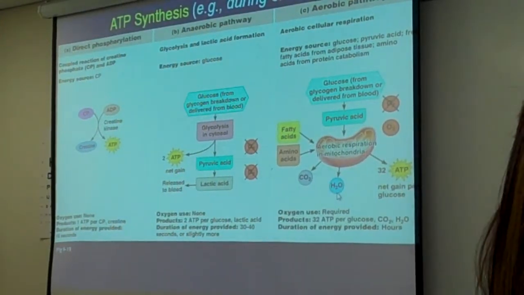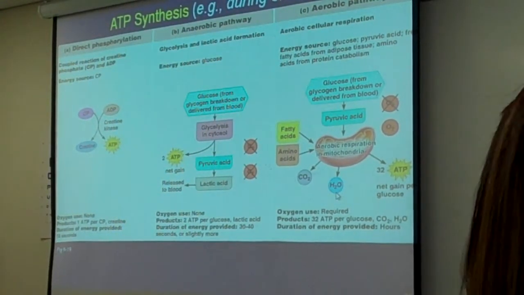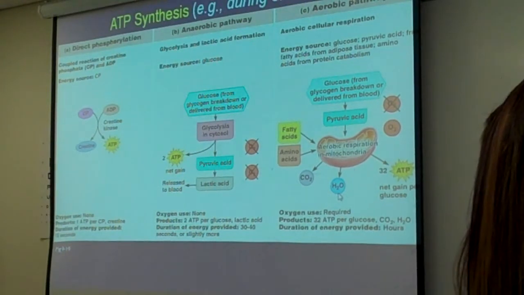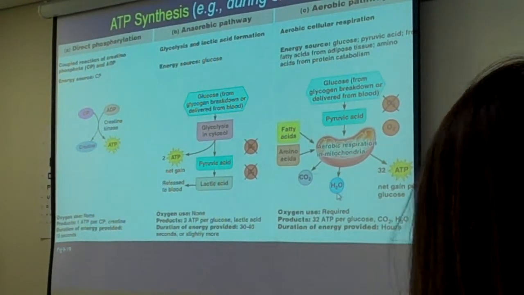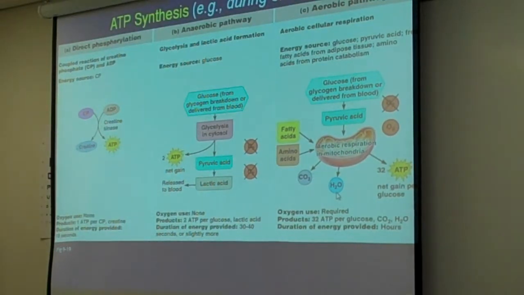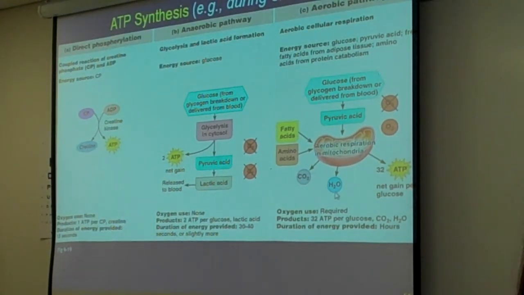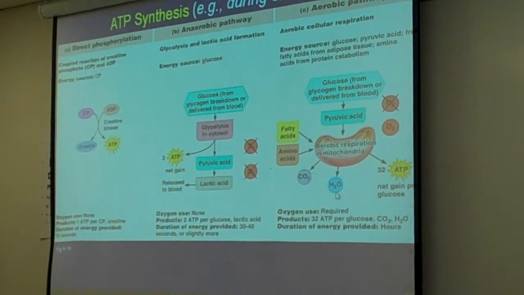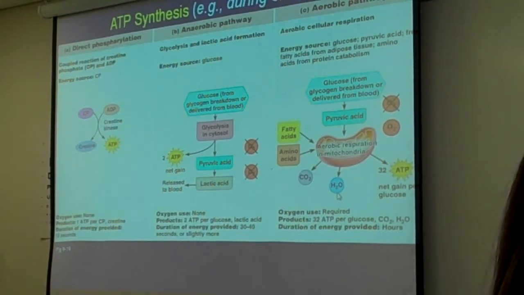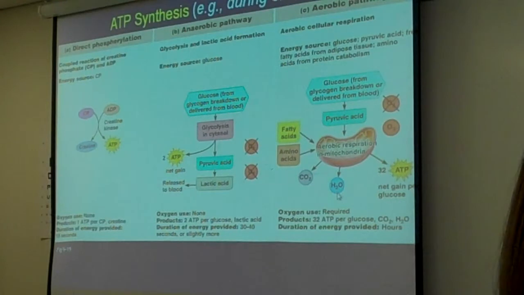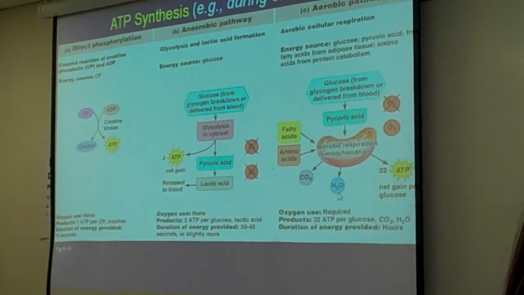And the equation that you want to have in your head to make sense of this, hydrolysis of ATP, and then resynthesis. Now you can't use the energy from hydrolysis to resynthesize it, because once this energy is liberated, it's used to do work.